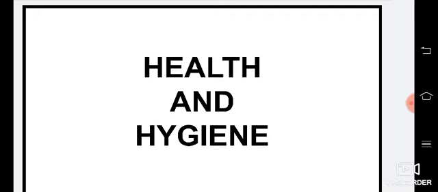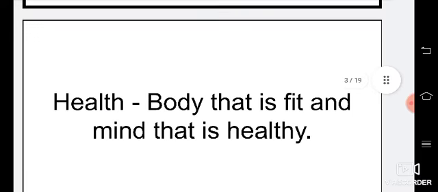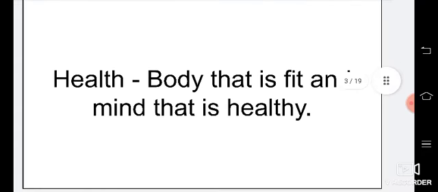Yes, we say a person is healthy when they have a body that is fit and a mind that is healthy. So what do you mean by health? You must have a body that is fit and your mind should be healthy. Then only we say the person is healthy.